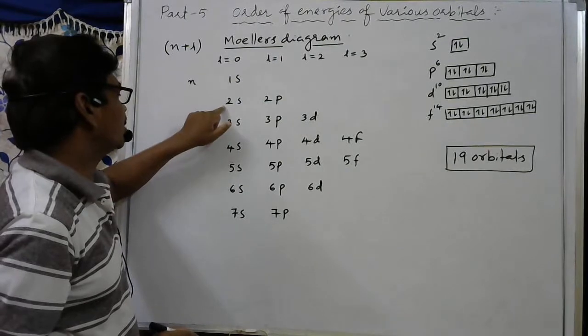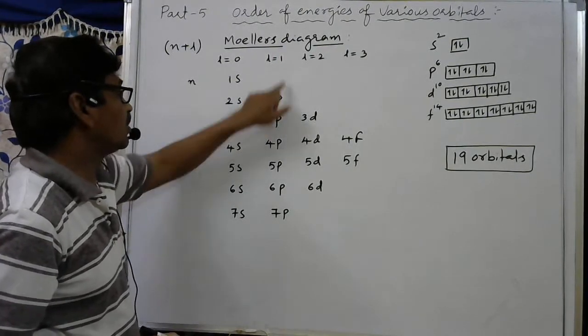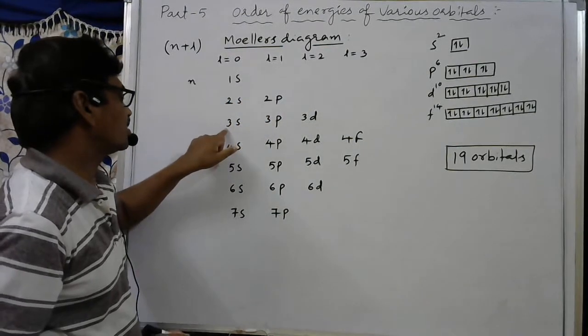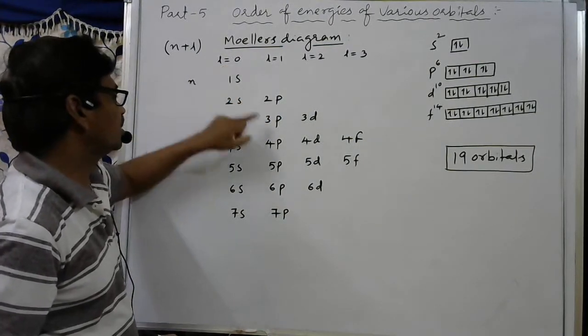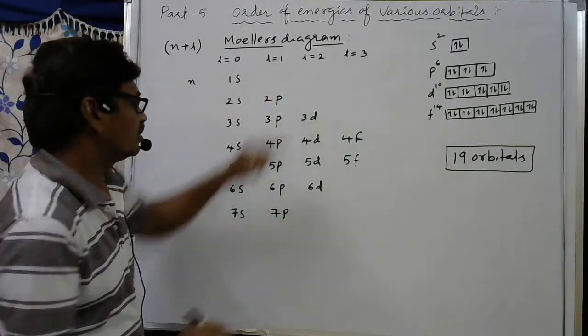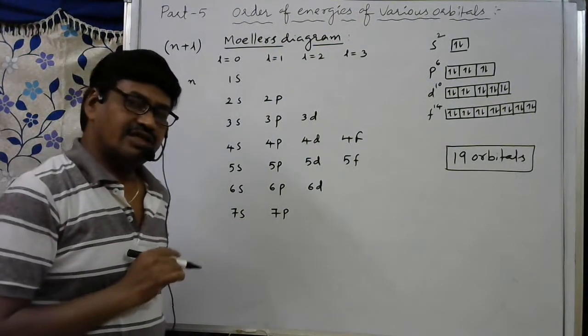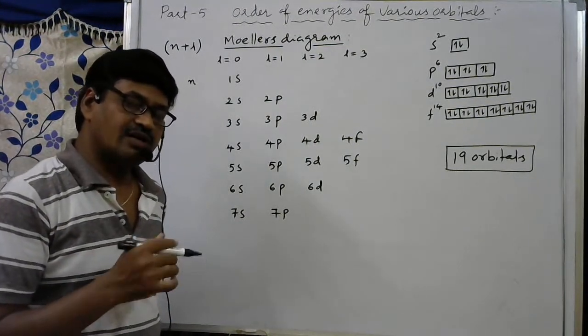Here 2s orbital, 2 plus 0, 2. 2p orbital, 2 plus 1, 3. 3s orbital, 3 plus 0. Here 3 plus 1. For this 3 plus 2. 4f, if you take, 4 plus 3. Like that you can get the energies of different orbitals.